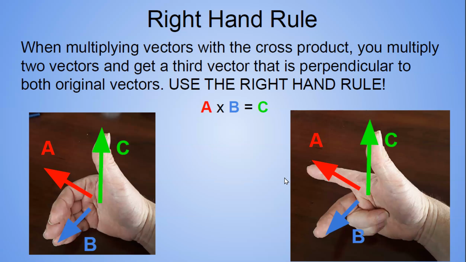Okay, so if vector A points in the x direction, vector B points in the y direction, then vector C is going to point in the z direction. And there's this trick with the hand that they're showing you.